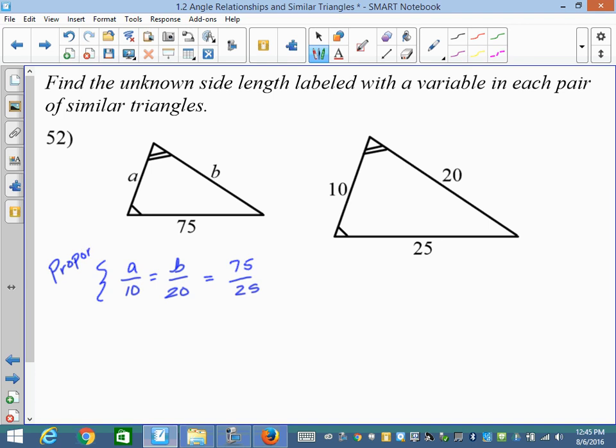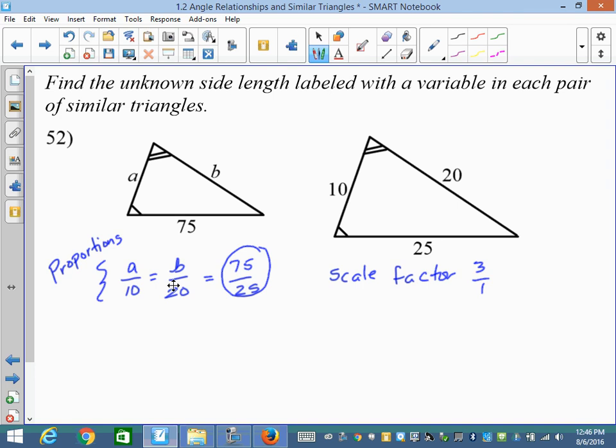And that is what similar triangles tell us. So we can find the scale factor from the one where we have both numbers. The scale factor is 3 to 1, because think quarters, think money. I have 1 quarter and you have 75 cents, means you have 3 quarters. It's a 3 to 1 scale.